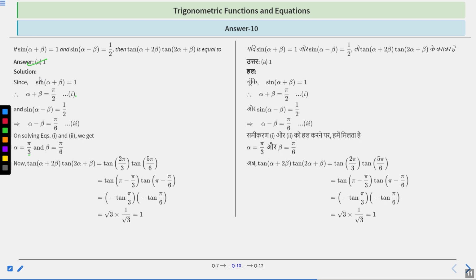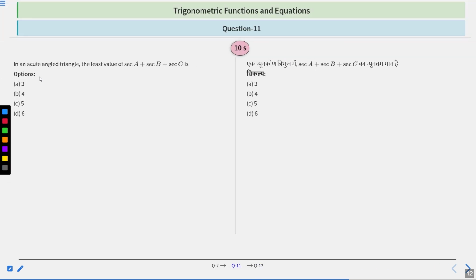Let's move to the next question, question number 11, which is, in an acute angle triangle, the least value of sec A plus sec B plus sec C is. The hint of this question is, since the triangle is an acute angle triangle, we have to find the least value of this expression.